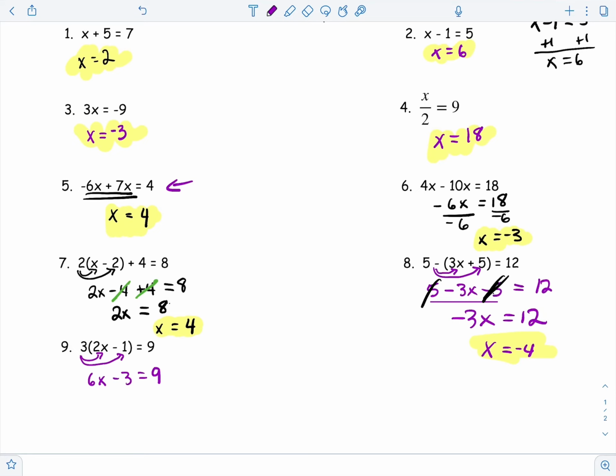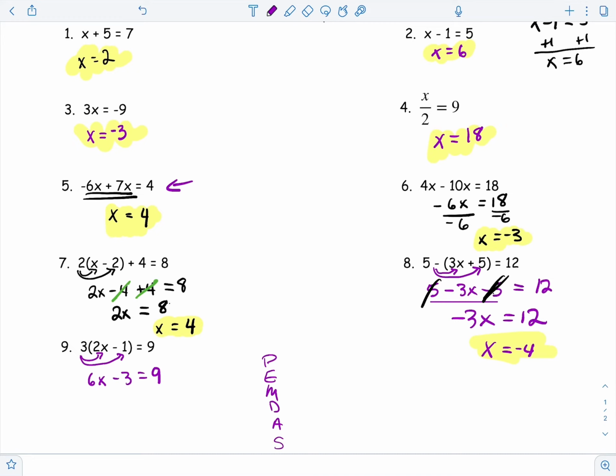Well, PEMDAS is used to simplify expressions. But when we talk about solving equations, we have to go in reverse. So we need to start at the bottom and work our way to the top. So we deal with subtraction first. That's what we reach first at the bottom. And then we're going to deal with the multiplication.